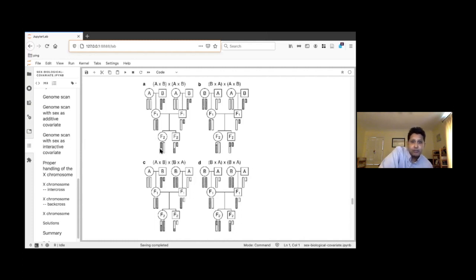The X chromosome has two possible states: heterozygous and homozygous A in this case. And similarly for the males, because there is only one recombinant chromosome, there are only two states, hemizygous A or hemizygous B. So just right here, you can see that the genetic structure of the markers on the X chromosome will be different from what you would see in a regular autosome.